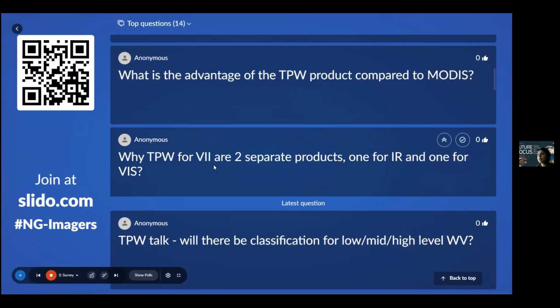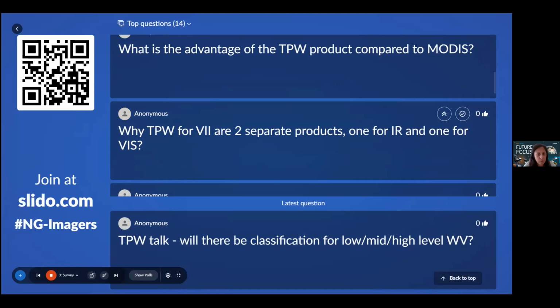First, why do we have 2 separate products? There is a double reason for that. The first one is historical. The second one is due to continuity of the product. Historically, for example, from MODIS, although MODIS is equipped with the same visible and infrared water vapor bands, the 2 products are retrieved separately. This is because we are using different wavelengths in these products, so you might expect that the different wavelengths peak quite differently in the atmosphere.